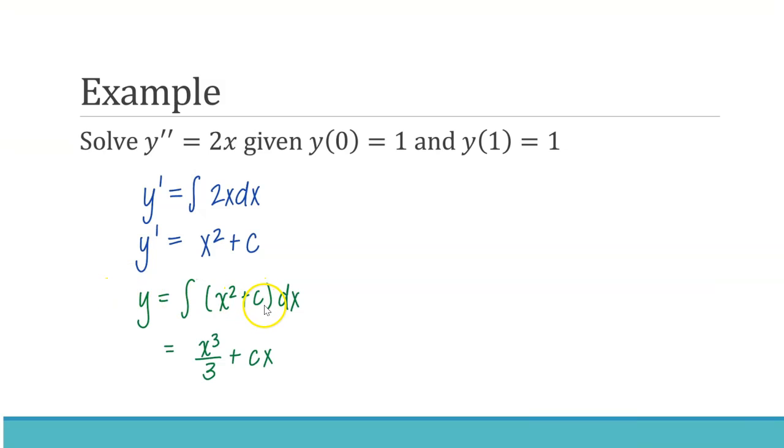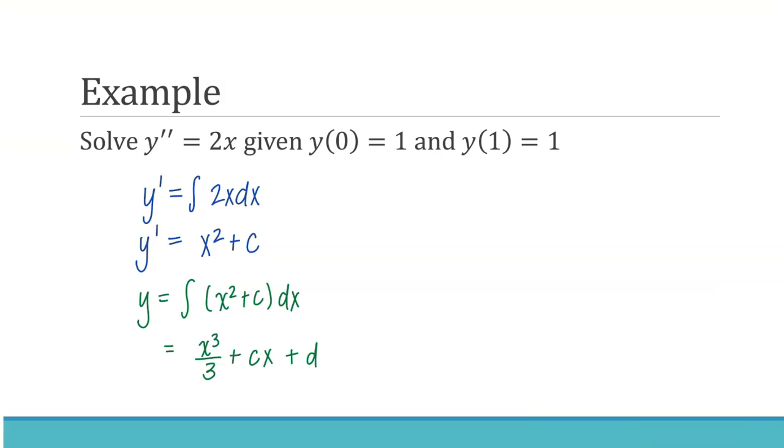Remember, we're integrating a constant, so we have to put the variable x behind it, because, thinking about it in the opposite direction, the derivative of cx is c. And then I'm going to need another generic constant, something other than c. So I'm going to say cx plus d.